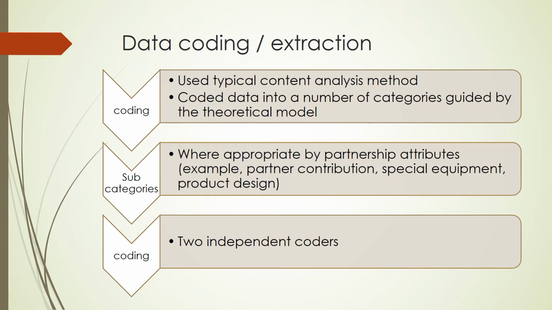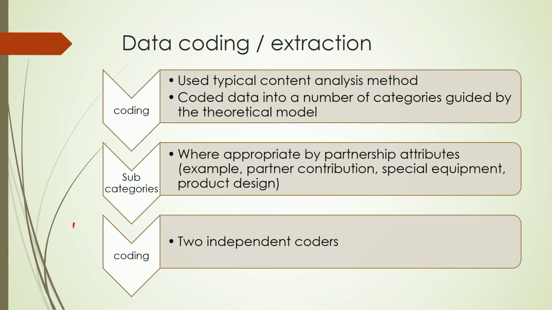Obtaining such content, they used the coding that is typical in content analysis research methods, and they coded data into a number of categories guided by the theoretical model they developed as the a priori model. They also created subcategories wherever appropriate, for example, partner contribution, special equipment, and product design.